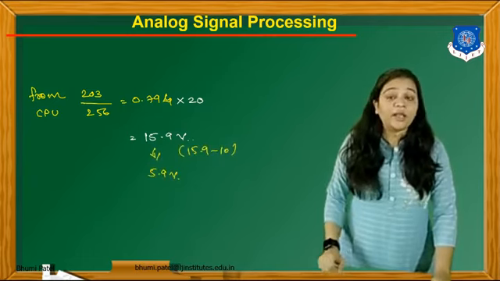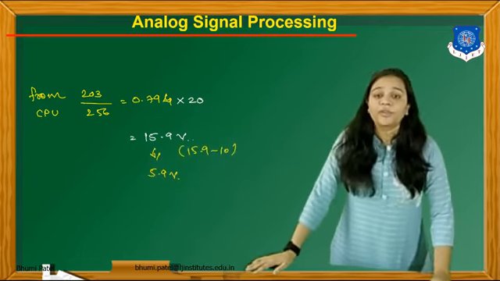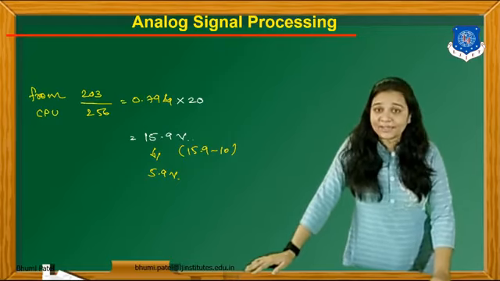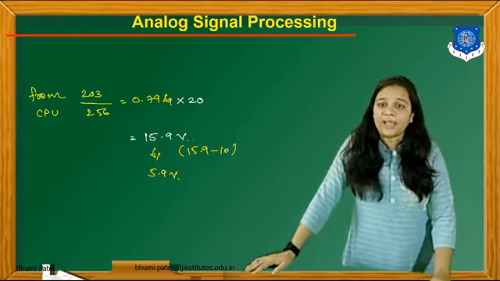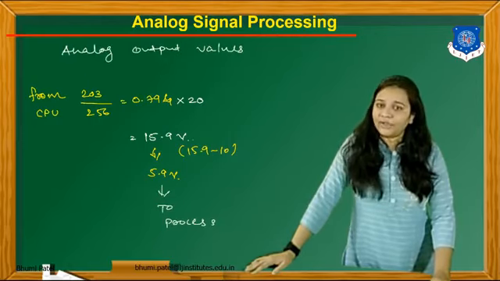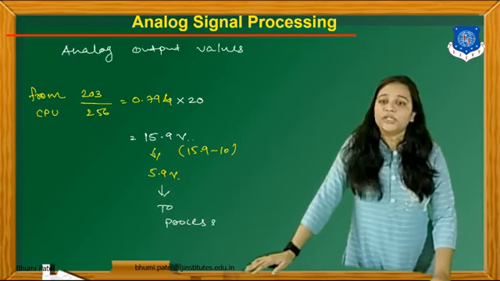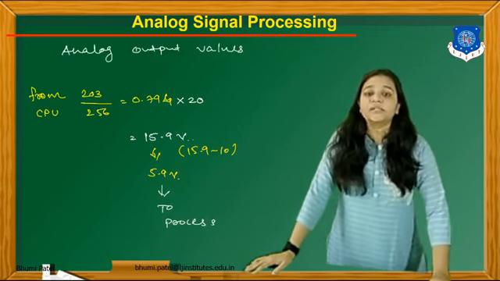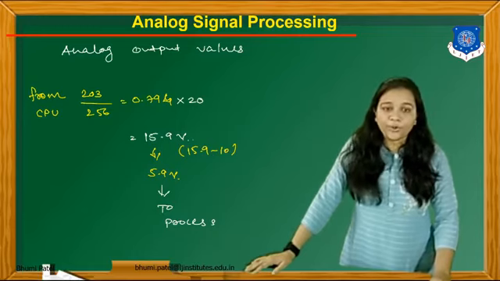Okay, and then we have to add the lower limit. Here the lower limit is minus 10, so 15.9 minus 10, that is equal to 5.9 volt. It is given to the particular process or the plant. So this is the calculation of the analog output module.